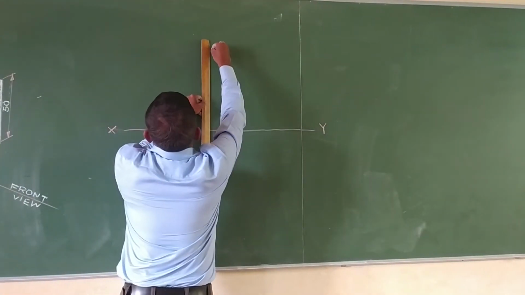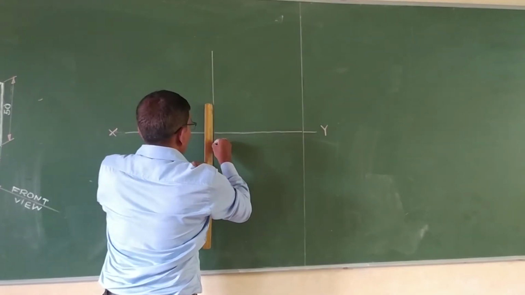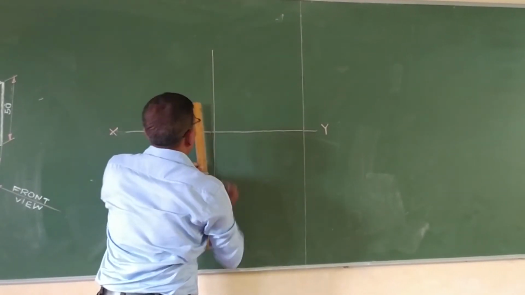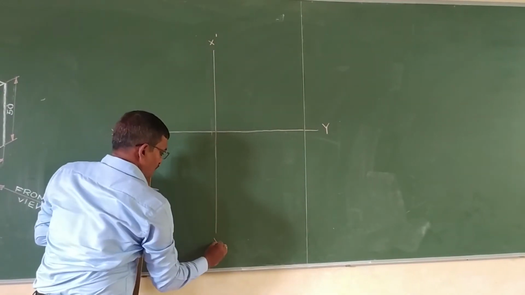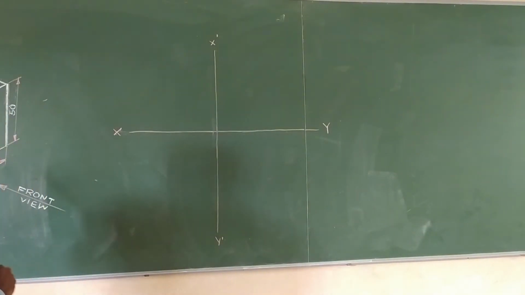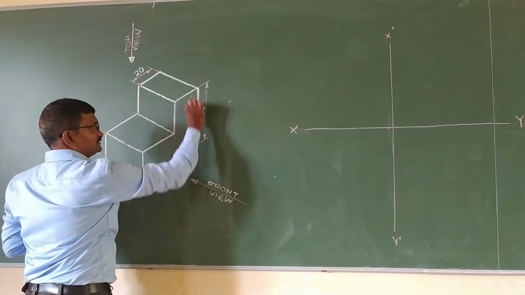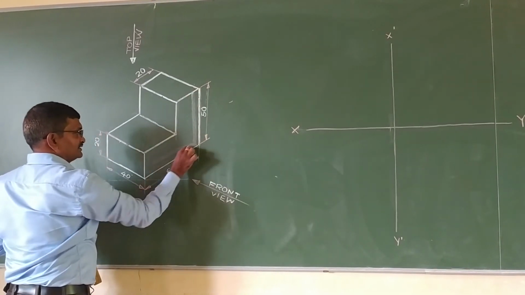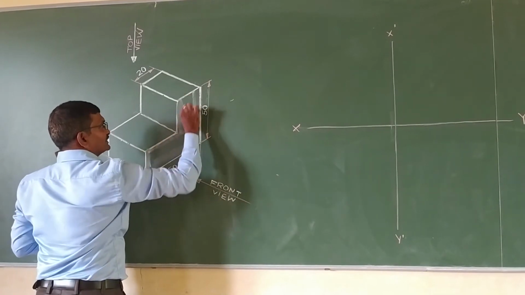Draw the vertical axis, that is also thin. It is X dash, Y dash. Now observe the front view from the right hand side. This is the front surface.